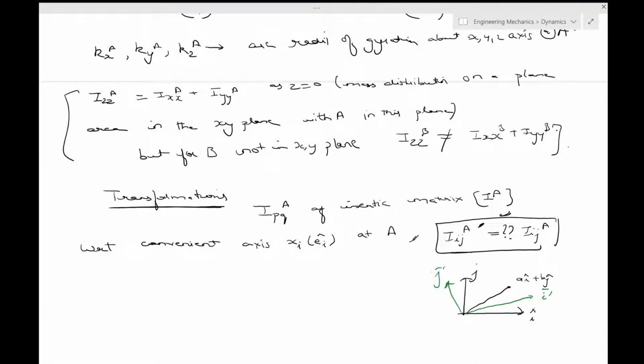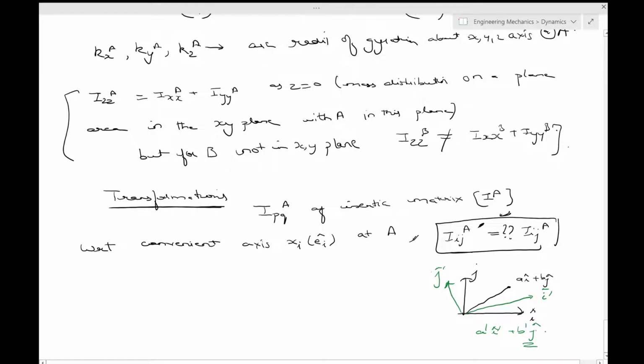Now I have this transformed coordinate system which is i dash and j dash, and I want to know what would be the vector in this green coordinate system. So a dash i hat plus b dash j hat.